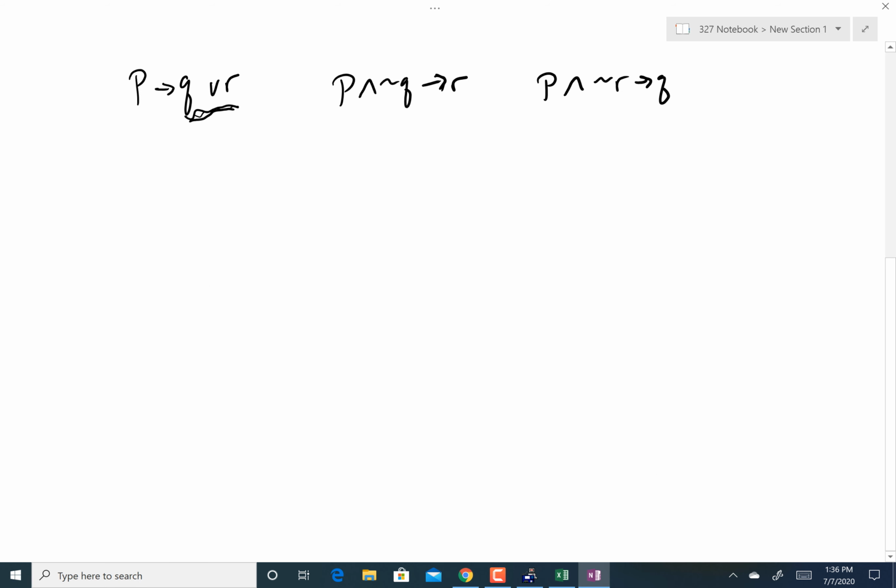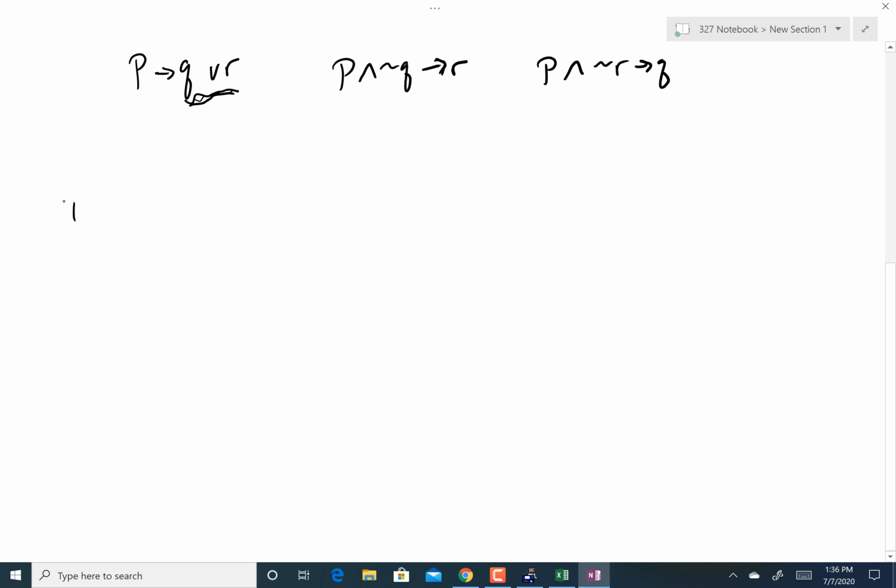Okay? So then we're going to use logical equivalencies in part A to rewrite the following sentences in two different ways. If n is prime, then n is odd, or n is 2.